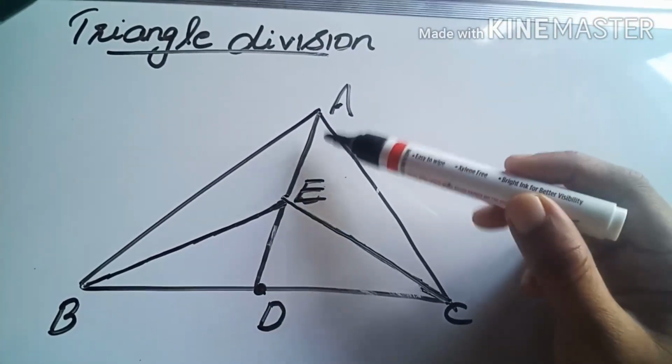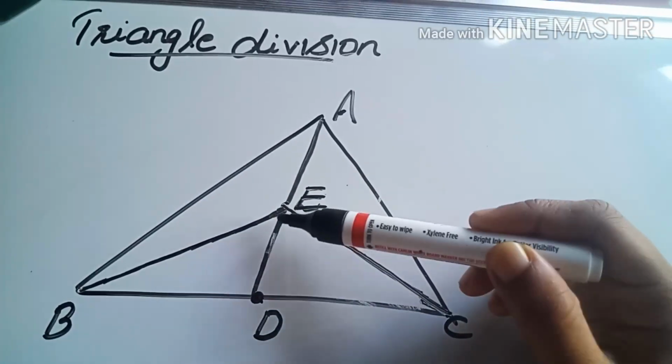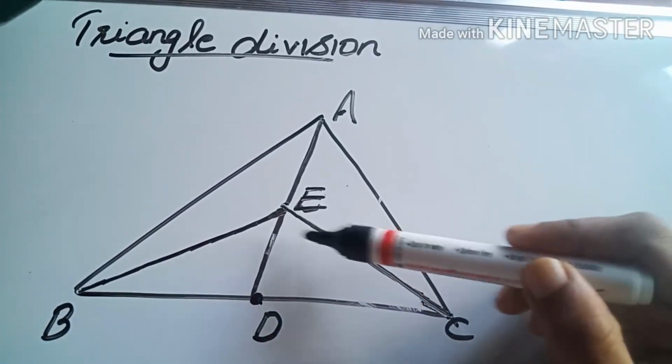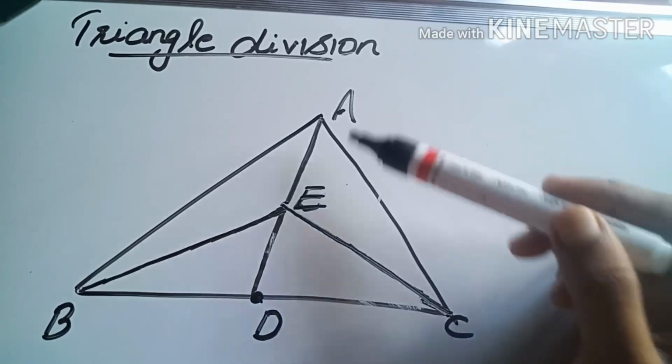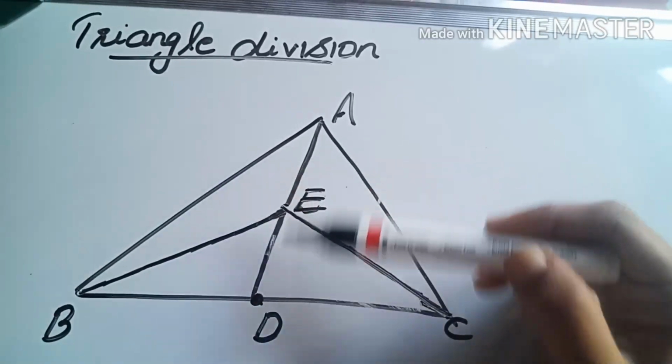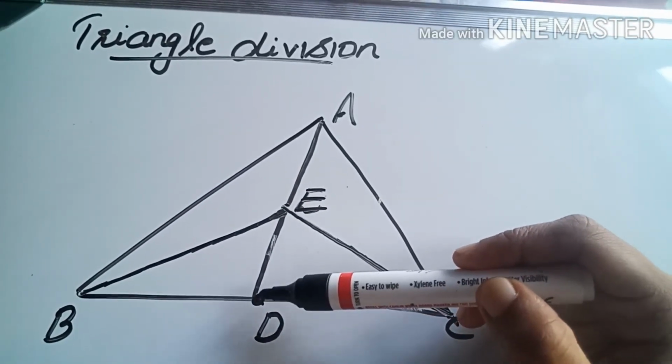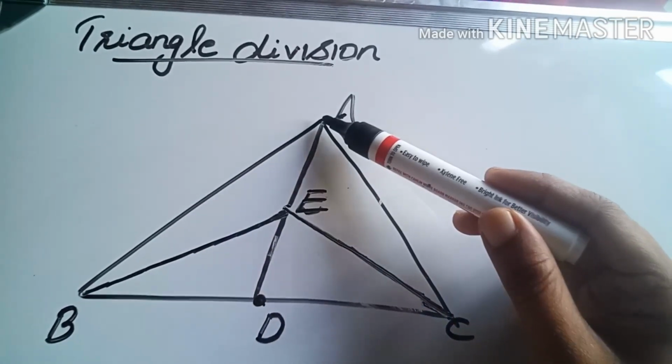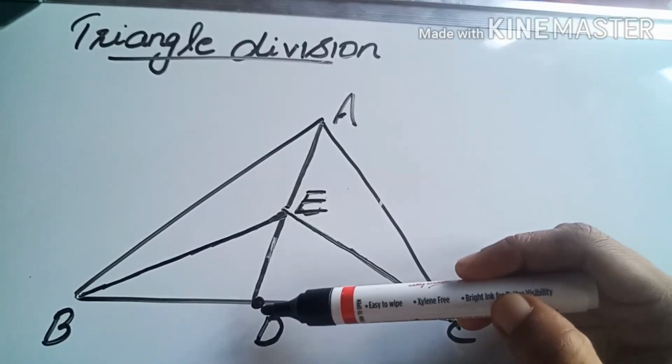Now consider the first line, AD. No need to consider these two lines. Consider AD, and here we know D is the midpoint. D is the midpoint means from the upper vertex we are drawing a line to the midpoint.